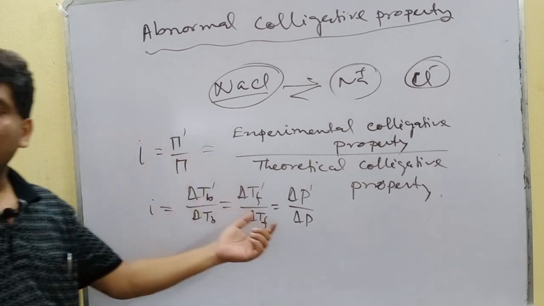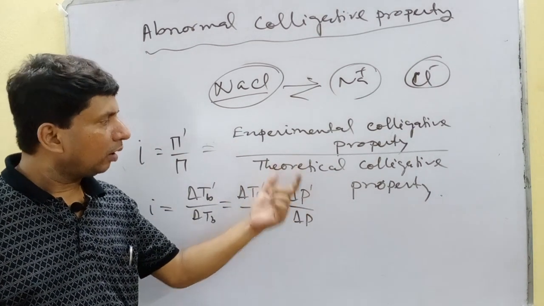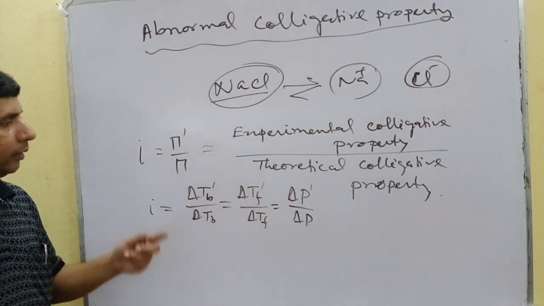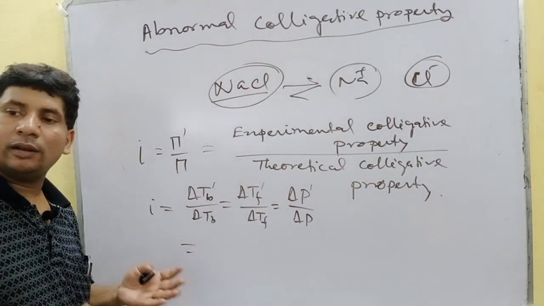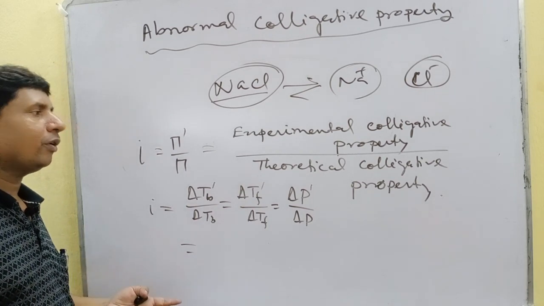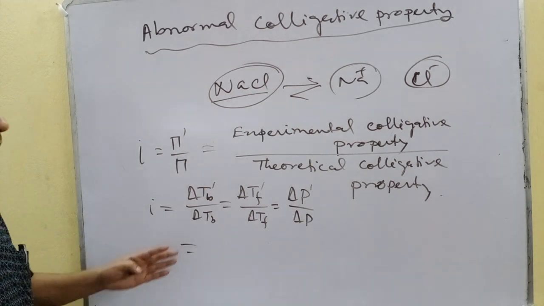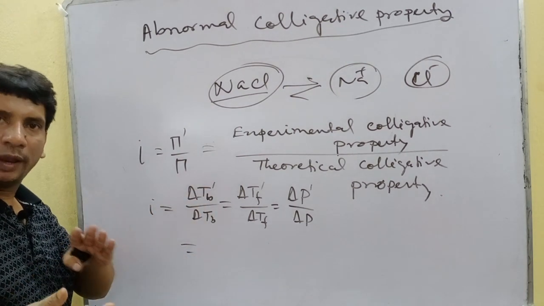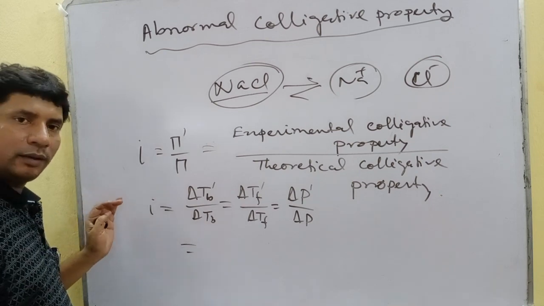So this is the normal colligative property, this is the abnormal colligative property, and it will be the normal molecular mass divided by the abnormal molecular mass, because colligative property is inversely proportional to the molecular mass or M2, okay, we already saw that.